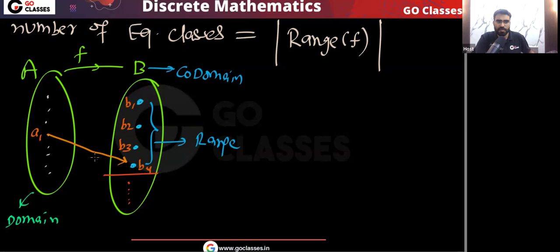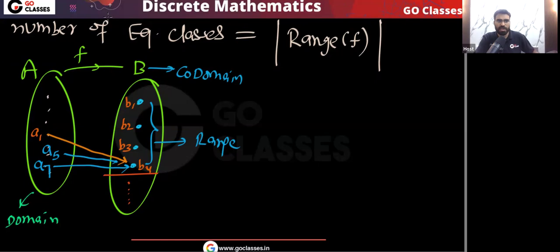All the elements which are mapping to B4, will they create their own equivalence class? Let's assume this element A7 is also mapping here, and this element A5 is also mapping here.